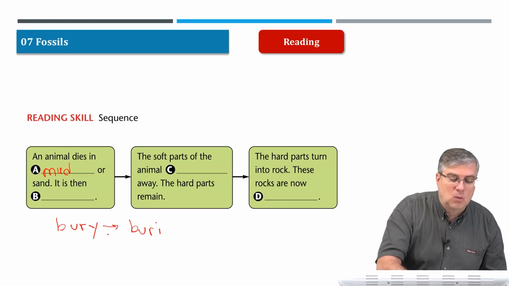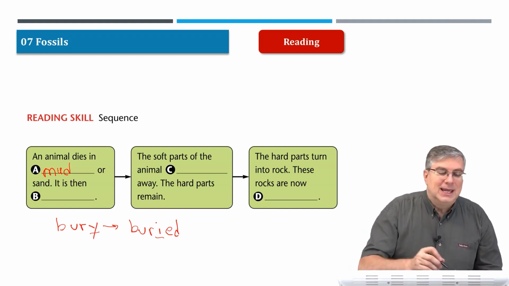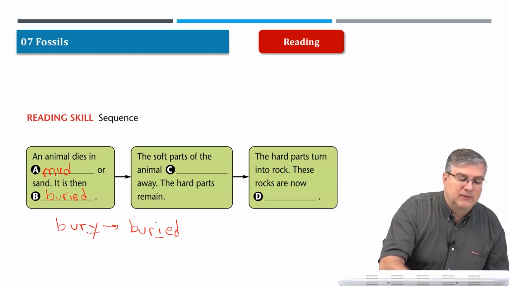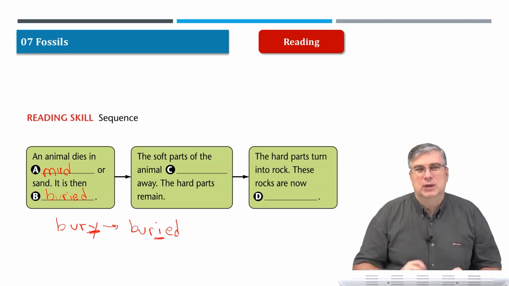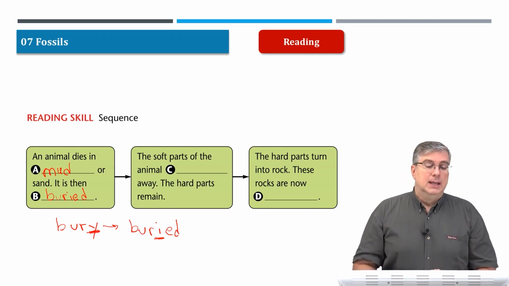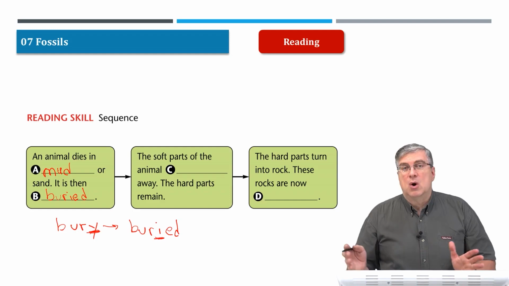We have to change the Y to an I and put ed to make past tense. So it is then buried. B-U-R-I-E-D. Remember, with verbs that end in Y, usually we change it to I and then put ed to make past tense. Okay, good.